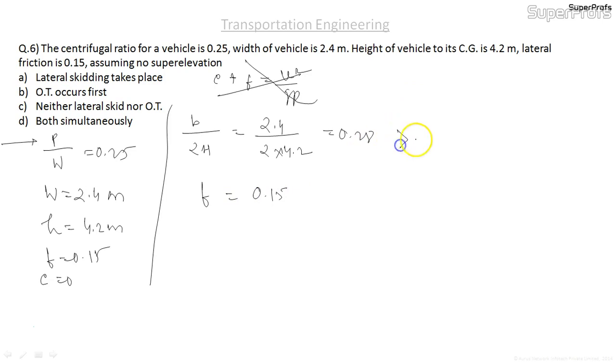So B by 2H is greater than P by W, and F is less than P by W. Okay, so these two, B by 2H and F, are the resisting forces. So it can be seen that the resisting force against skid is less than that of the P by W, hence it skids.